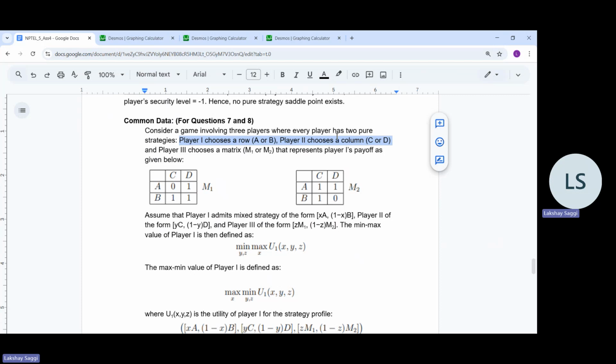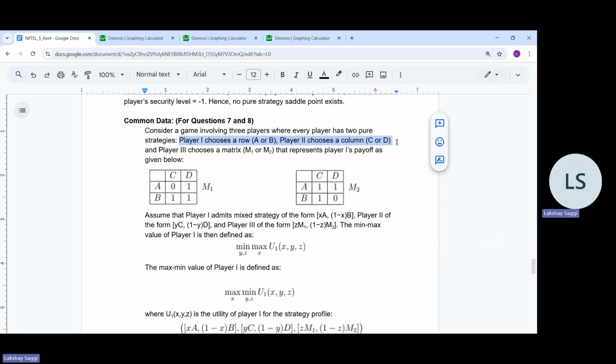But note that now there's a new twist, that there is another player who chooses the payoff matrix for player one. So player one's payoff matrix is chosen by player three. Note that in zero sum games that we discussed earlier, the payoff matrix was fixed, and then player one and player two were playing rows and columns and finding out saddle points and everything.